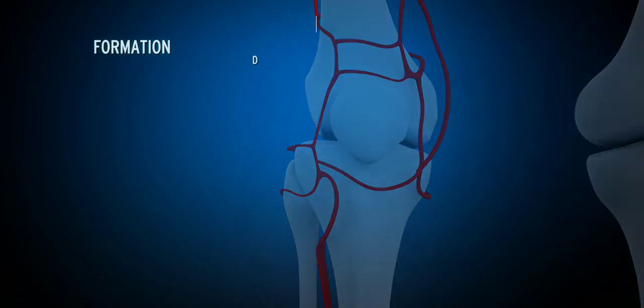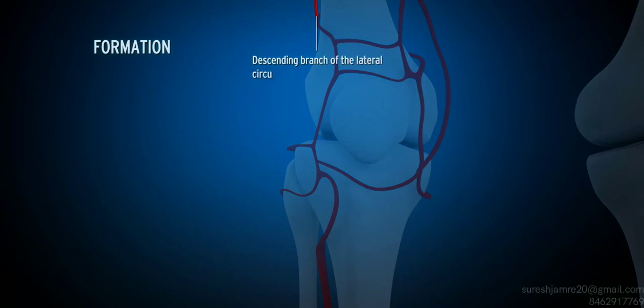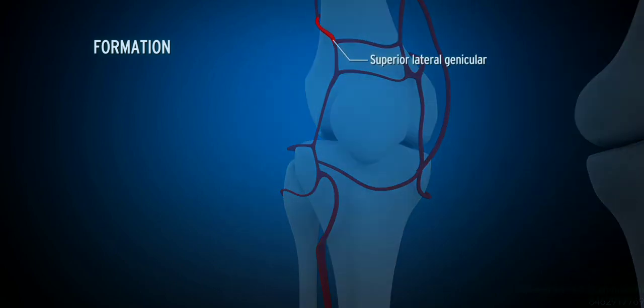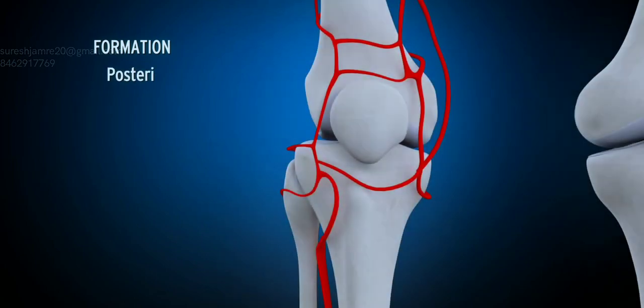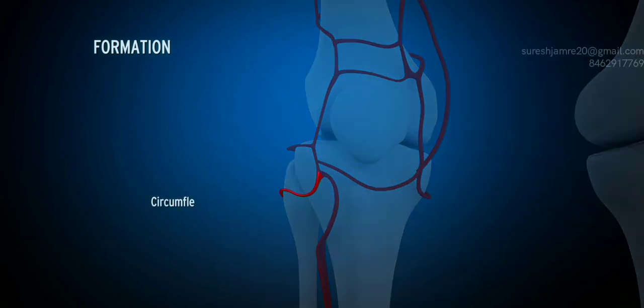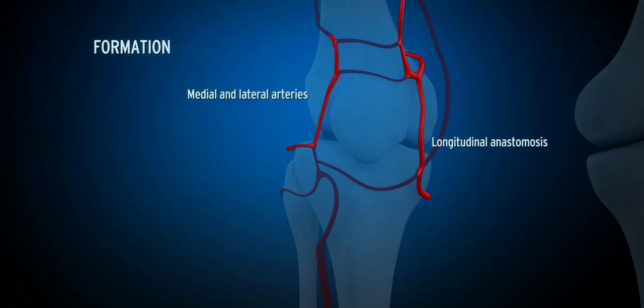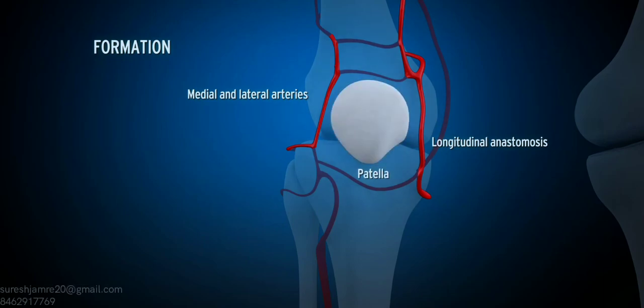Laterally by the descending branch of the lateral circumflex femoral artery, the superior lateral genicular, inferior lateral genicular, anterior tibial recurrent, posterior tibial recurrent, circumflex fibular arteries. The medial and lateral arteries form longitudinal anastomosis on each side of the patella.